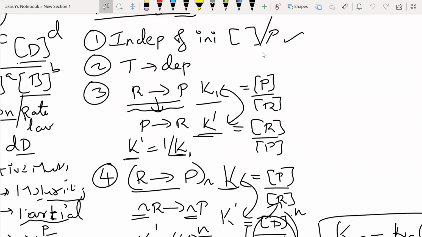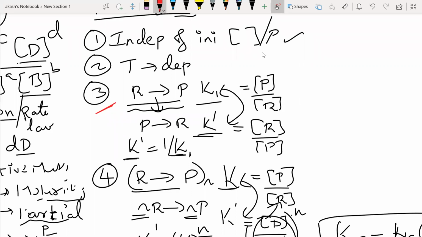Now see what happened. When you reverse the reaction, what will happen for the equilibrium constant? Look at this and tell me. What is happening? Third point. You look at the third point. What is happening? It's the reciprocal of the initial equilibrium constant. So whenever you reverse a reaction, the equilibrium constant becomes its reciprocal.